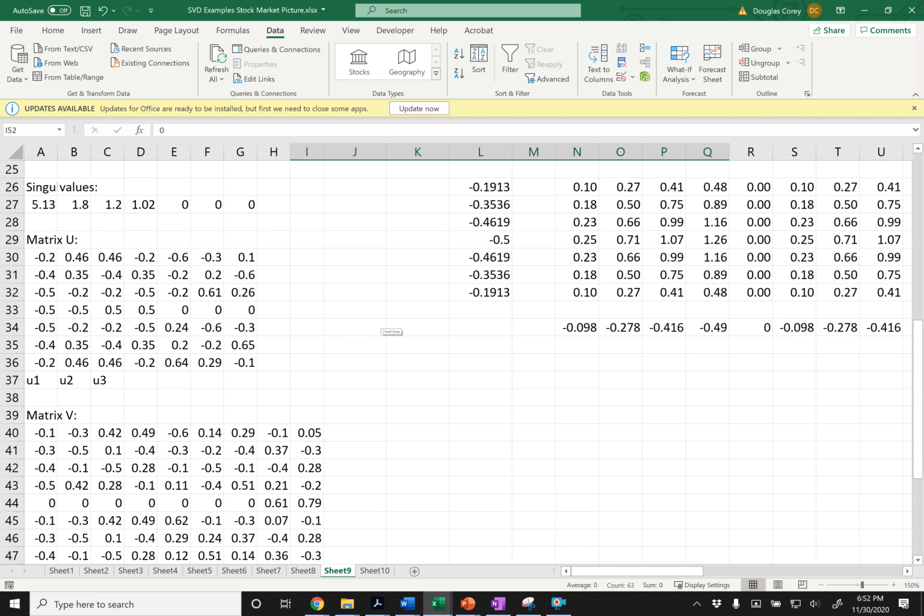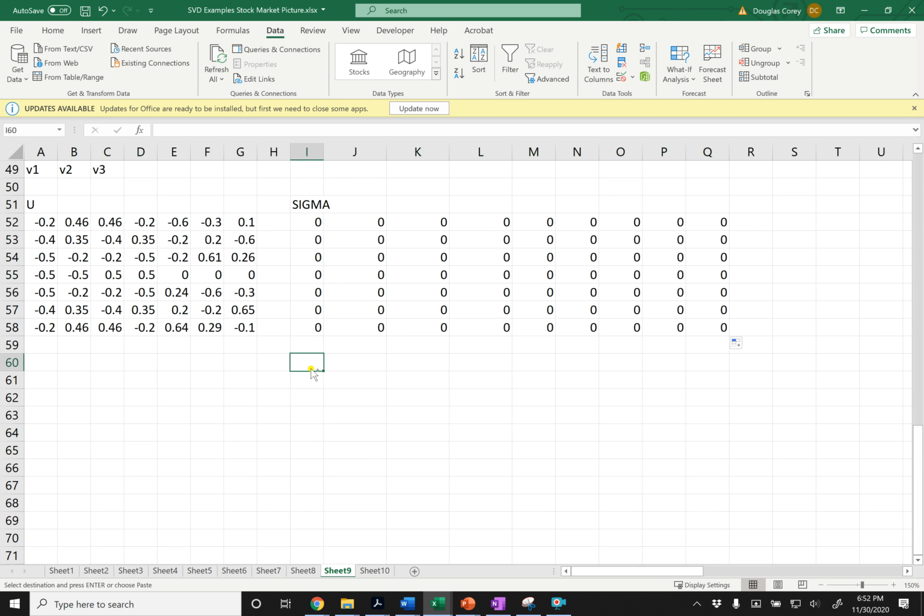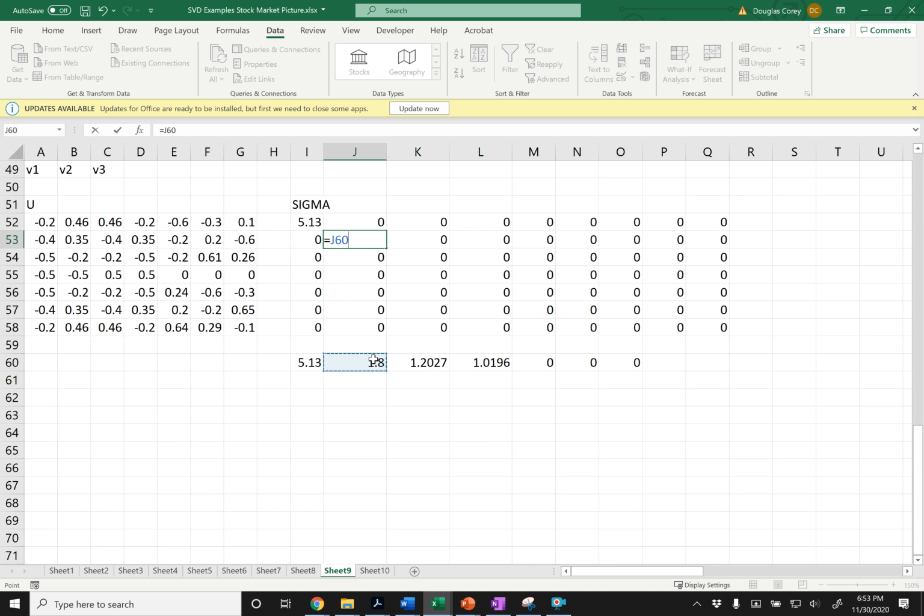and then I use these singular values to finish it off. So this equals this singular value, and then I'm thinking down the diagonal, so this equals this singular value, and this equals this singular value, and this equals this singular value, and these last singular values are all 0, so this is as much as I can do.